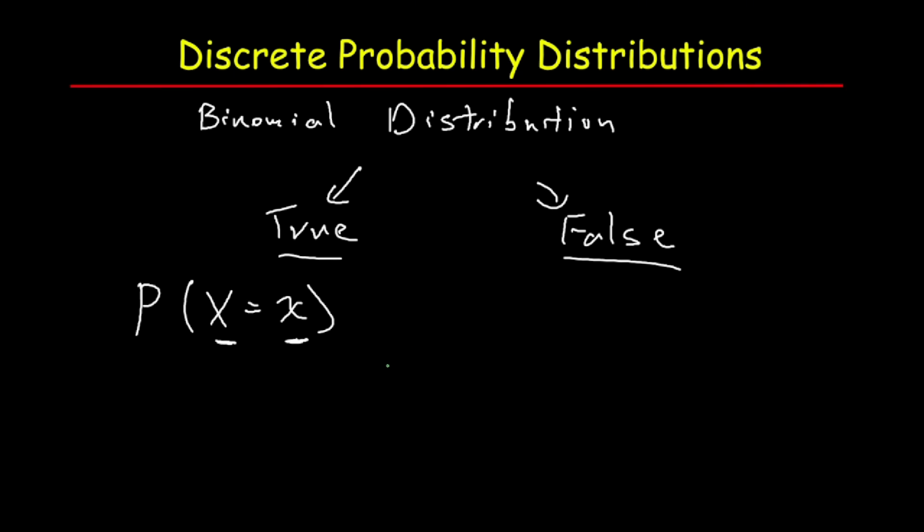This will make a bit more sense when I give an example, but basically the probability of a binomial distribution is as follows: n choose x times p to the x times (1 minus p) to the n minus x.